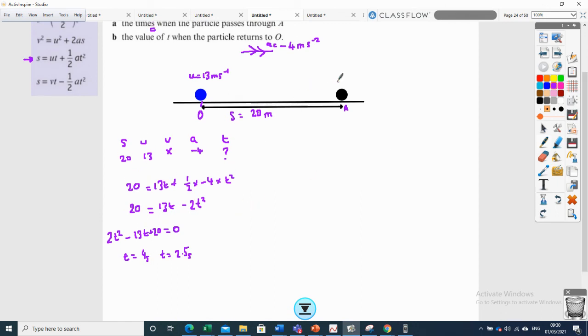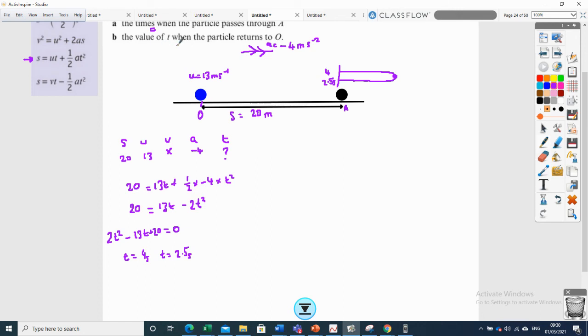So it initially passes after 2.5 seconds, but remember it's decelerating. It gets to a point over here where it gets to 0 velocity, and because it's still decelerating, it starts to become negative velocity, which means it's moving back towards the initial starting point. Okay, so you get 2.5 seconds on the way out, 4 seconds on the way back.